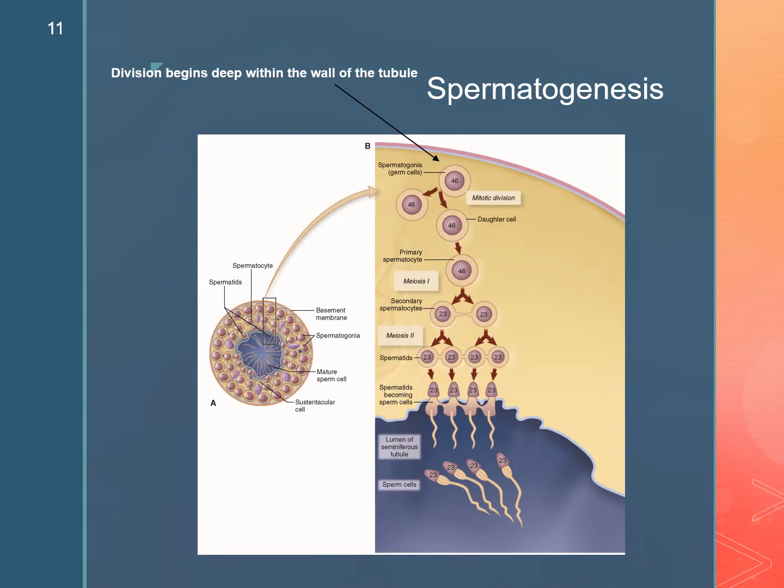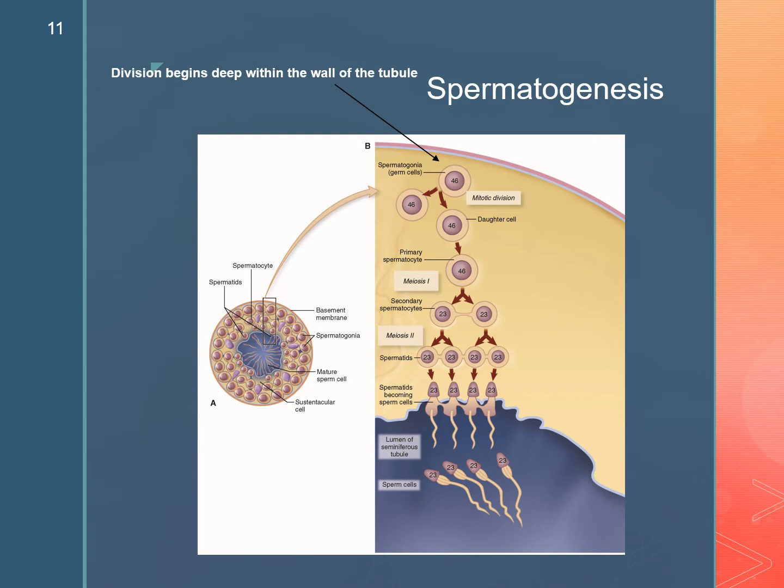Here is an image of that spermatogenesis that we've already talked about. You can see that initially the spermatogonia undergo this mitotic division where they're making exact replicas of themselves, and then eventually they're going to develop into those primary spermatocytes and then into those four spermatids via meiosis, and then this is an enlarged view.